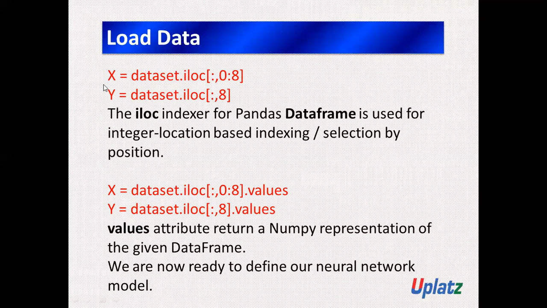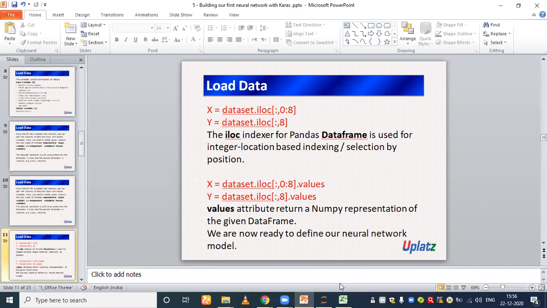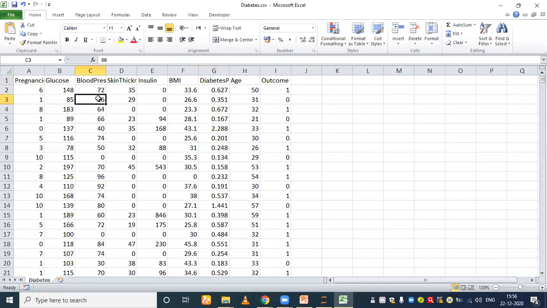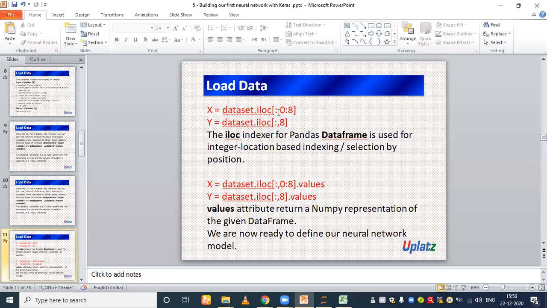Now you might think about the numbering. By default in a data frame, this is our 0 column, then 1, 2, 3, 4, 5, 6, 7. I want to access these columns and put them under the independent variable X. So I will write X is equal to the name of the dataset dot iloc, then all the rows comma 0 colon 8.